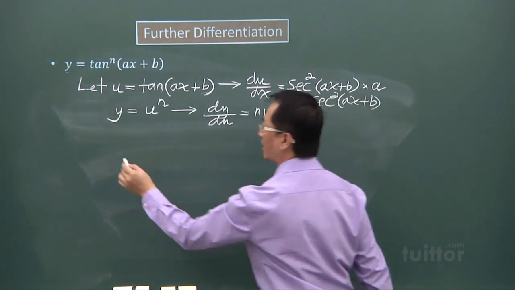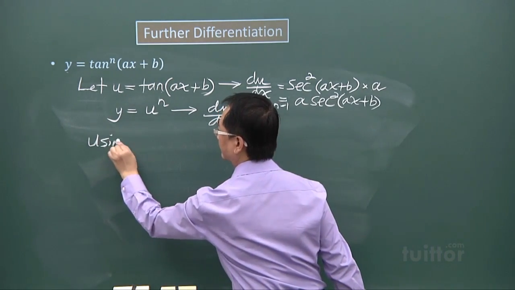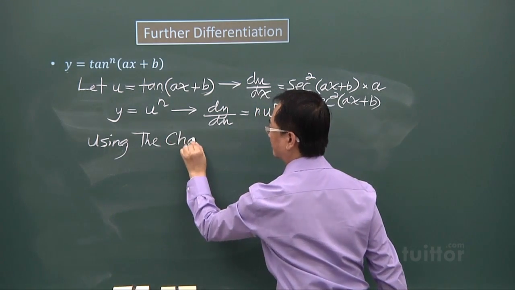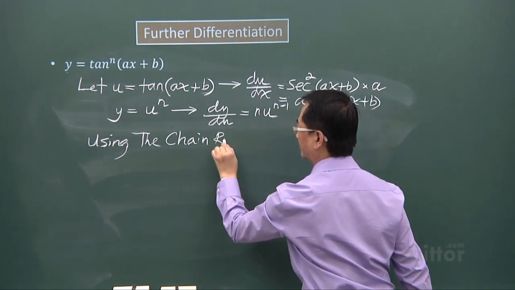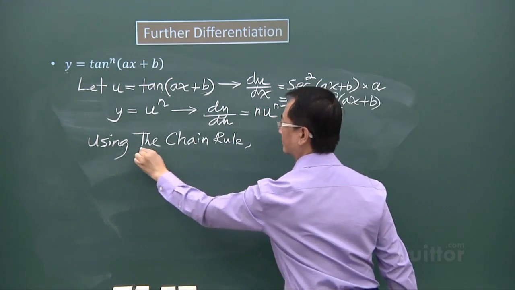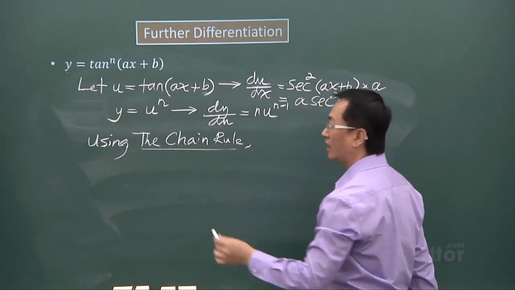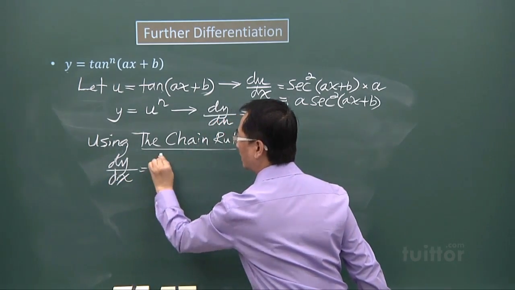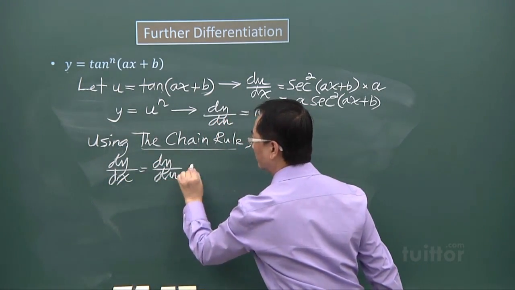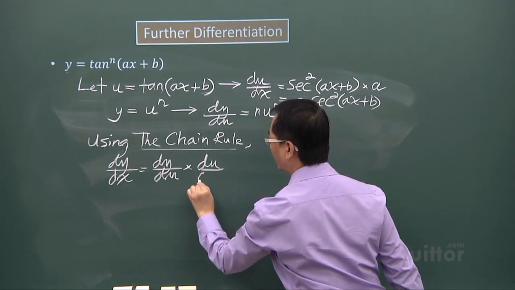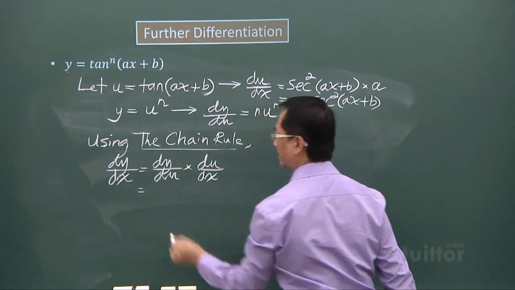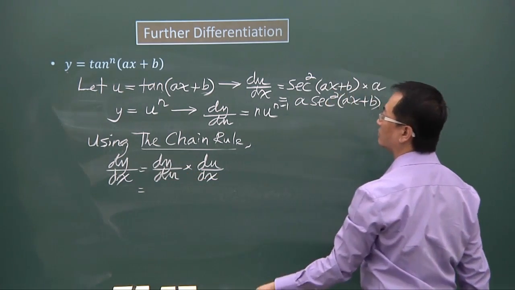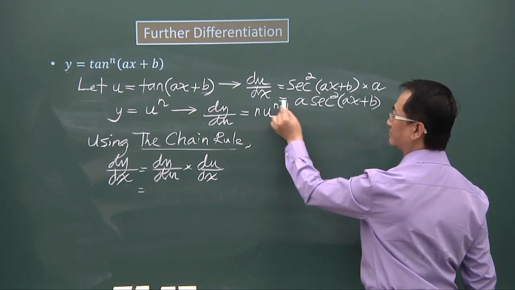So applying the chain rule, dy over dx equals dy over du times du over dx. Let's look for dy over du. It's here.